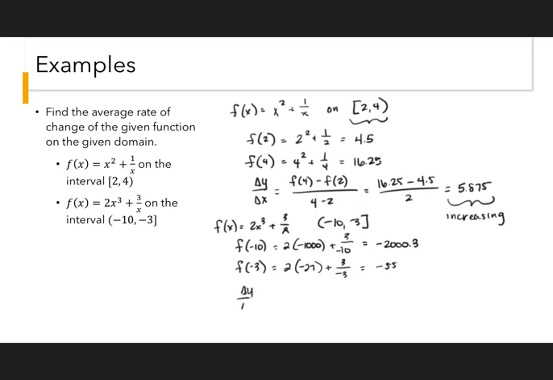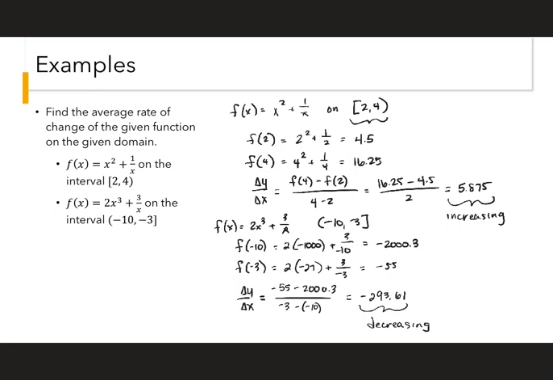So our average rate of change is going to be -55 minus -2000.3 over -3 minus -10, which is going to be -293.6. So that's a negative number, which means over this interval, our function is decreasing.